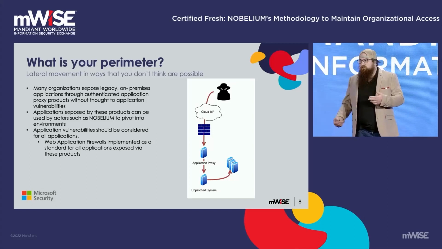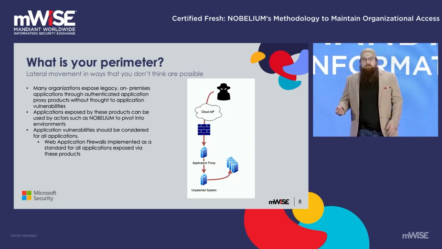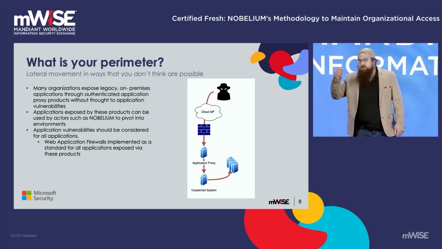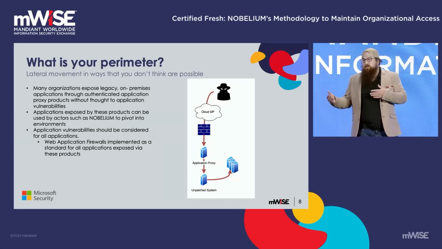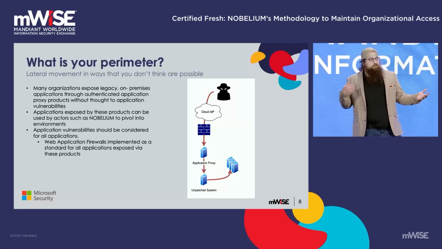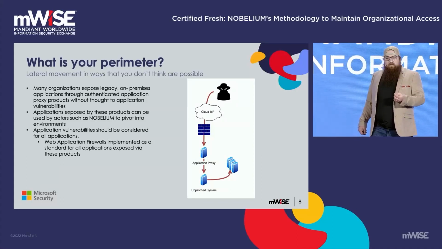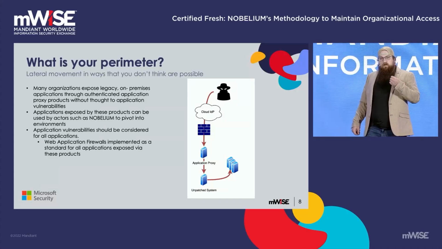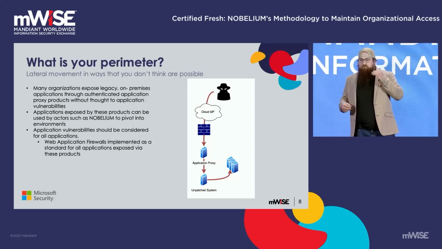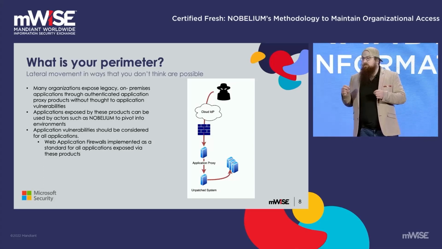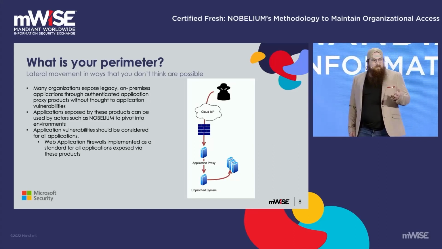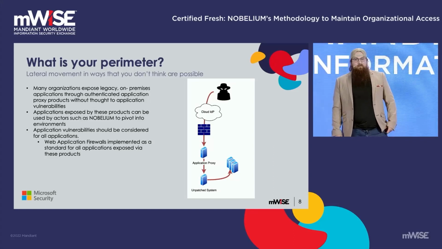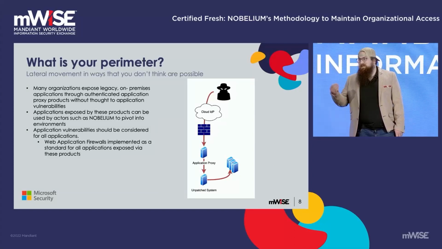So an actor could exploit a vulnerable web application, take your pick, drop a web shell on it, and then just operate like they would as if they were in the environment or it was just another application exposed. So just thinking about where your perimeter is, again, just focusing on the fact that these applications, if they're not patched, it doesn't matter if there's authentication in front of them. All an actor needs at that point is a low level privileged account to get to that application.